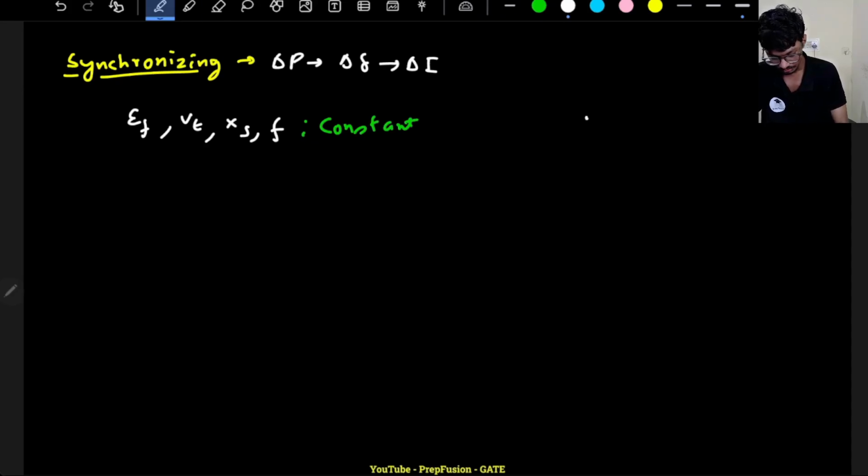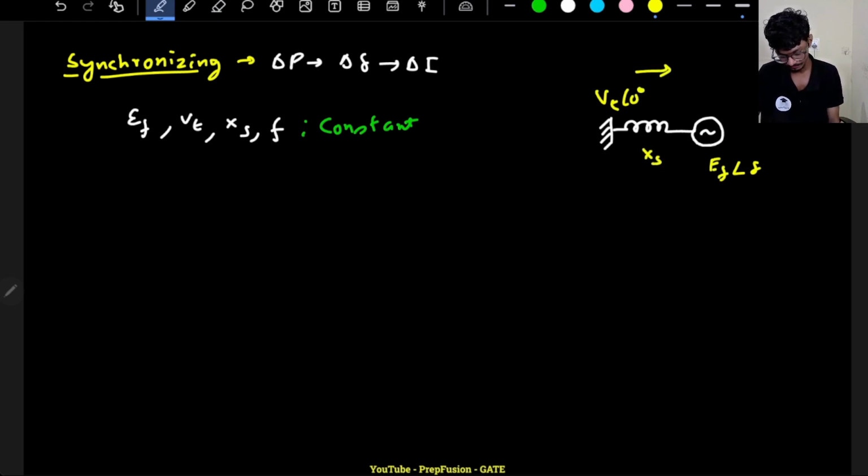And let's take for the case of motor. If I take the case of motor, so I will have EF angle delta here, like this will be lagging, remember this is VT angle 0 and this is jXS, right, XS.